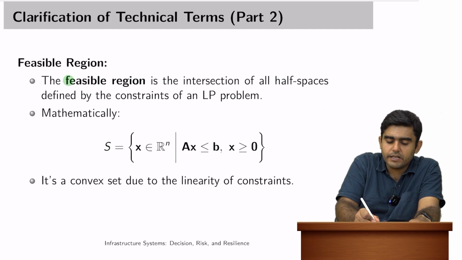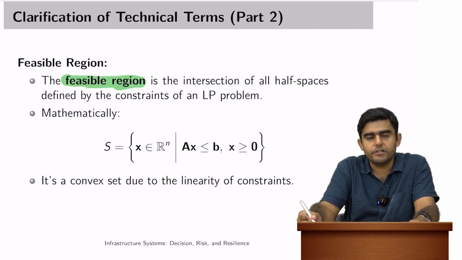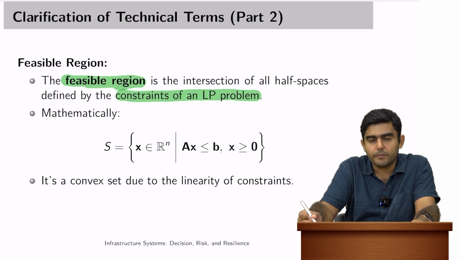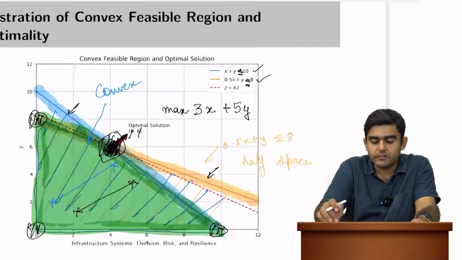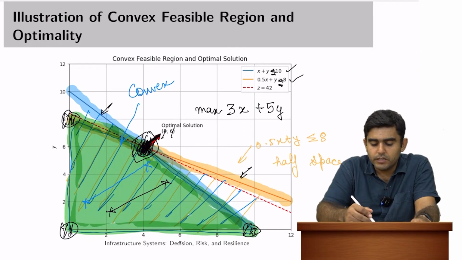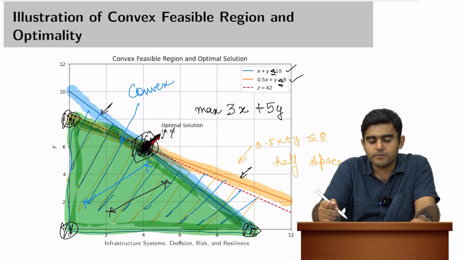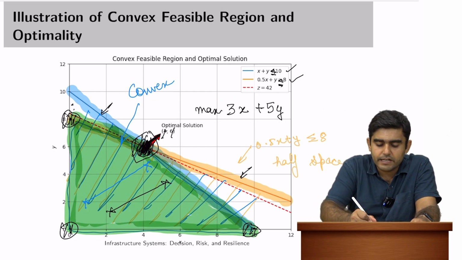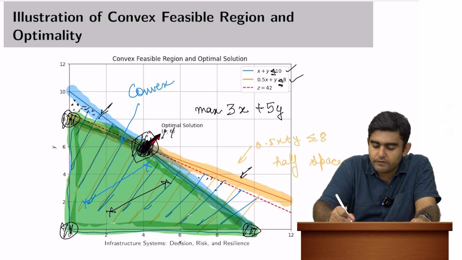Then another term that I would use frequently is the feasible region. So the feasible region is the intersection of all half spaces defined by the constraints of a linear programming problem. In the earlier example, we saw that for these two constraints, orange and blue, the green one comes out to be the feasible region. If I talk about these two constraints individually, these would be their individual feasible regions.